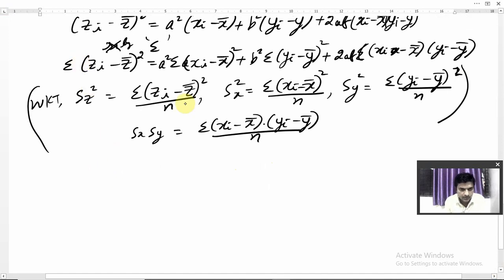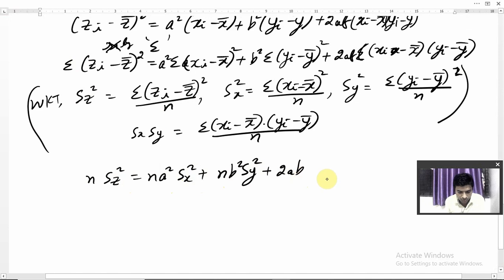Therefore, here n, if I bring it on this side, it will become n sz square, which is equal to n a square sx square plus n b square sy square plus 2ab, as there is no change in ab. Here again n r, this time we are going to take this as r.